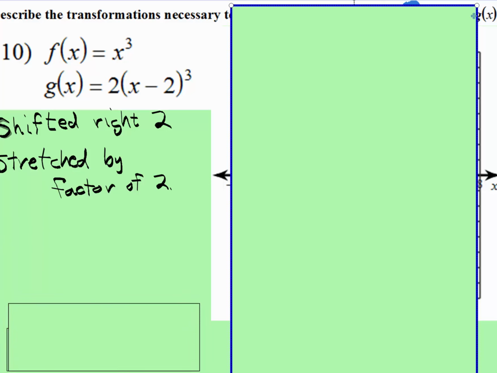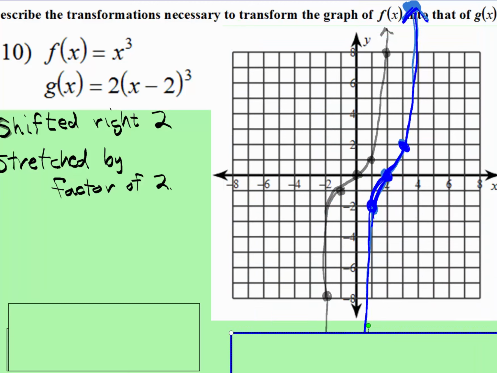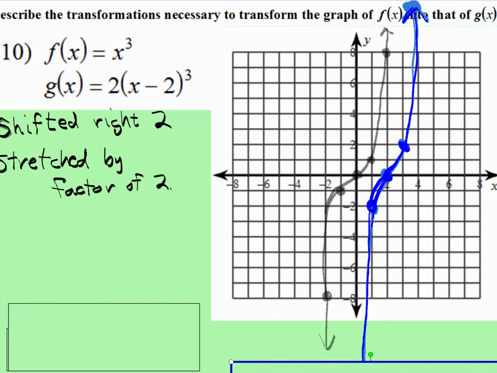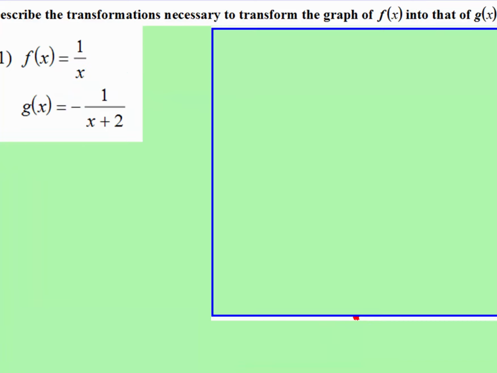And then let's look to see what that graph looks like. So notice, if the original one looks like this, it got moved over 2 right there, and then look, it is steeper faster. There you go.